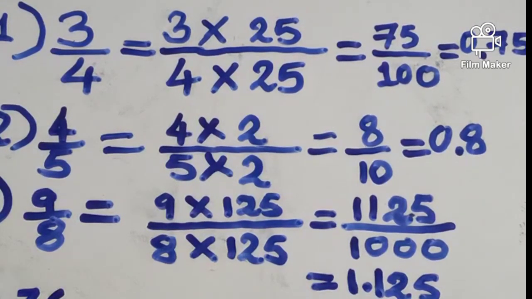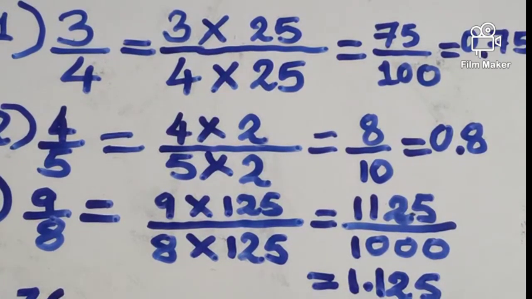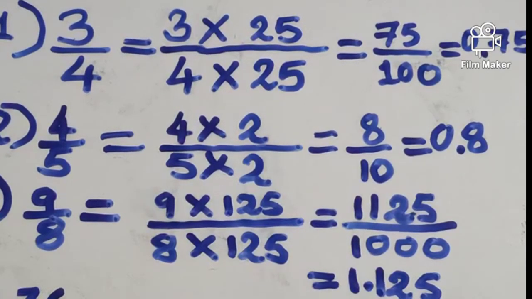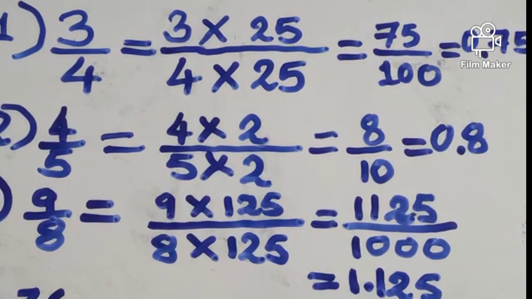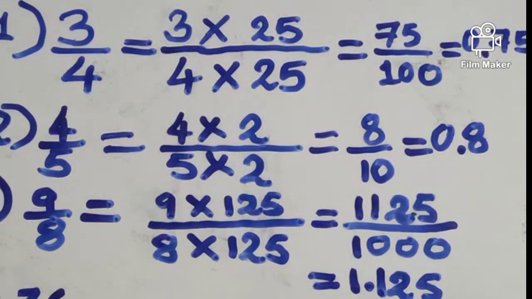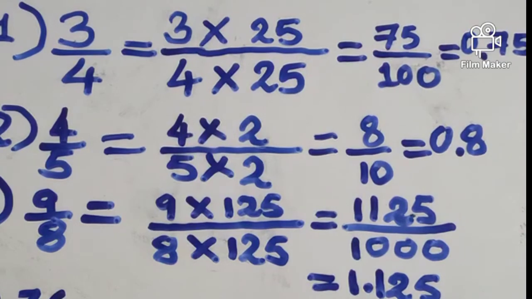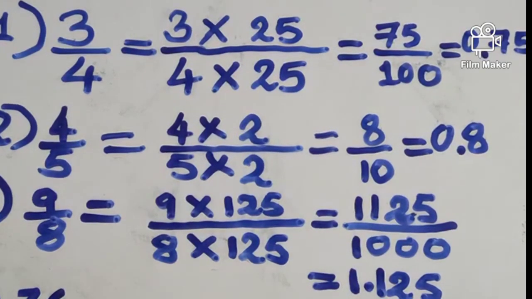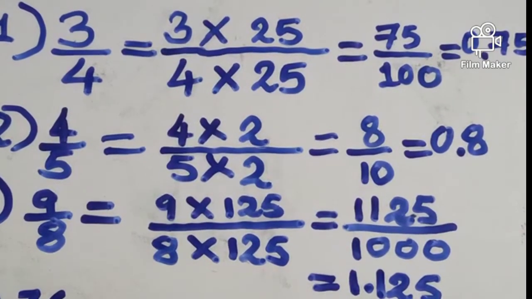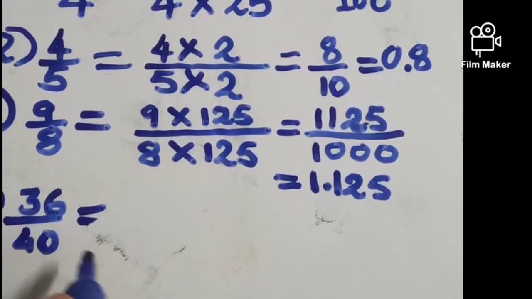36 upon 40. So let us find out the multiple. We can make this into a smaller fraction. It can be divided by 4. 4 tens are 40.